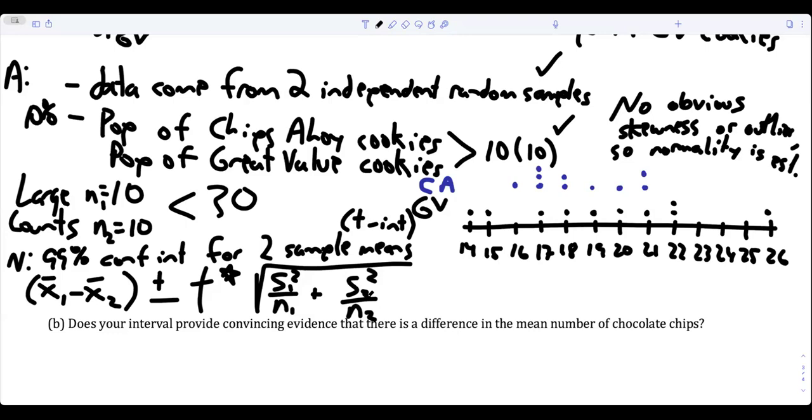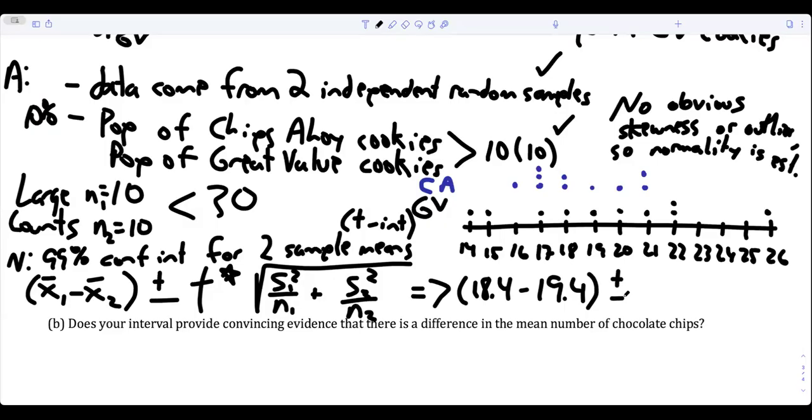All right, so let's fill those in as far as we can. So we've got 18.4 minus 19.4 plus or minus. And for now, I'm going to give you the degrees of freedom, and then I'll show you when we run the confidence interval, it will give it to us.